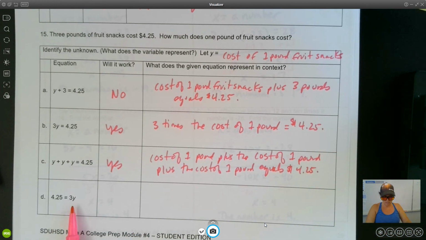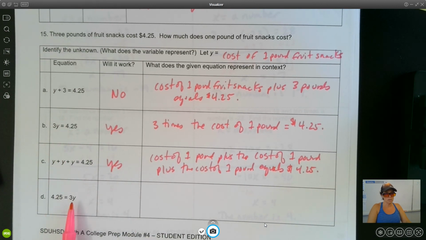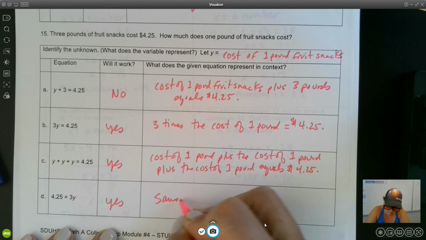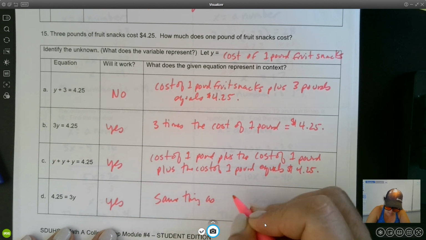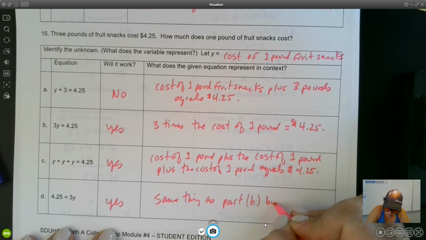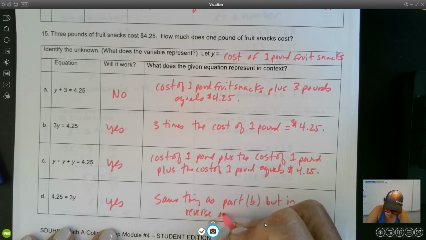Okay, and then there's this guy. This guy is the same thing as this guy. It's just reverse order, but it's the same thing. So yes, same thing as part B, but in reverse order.